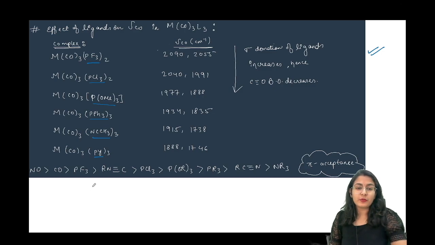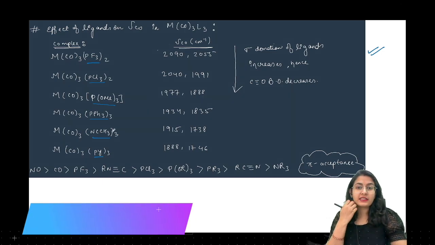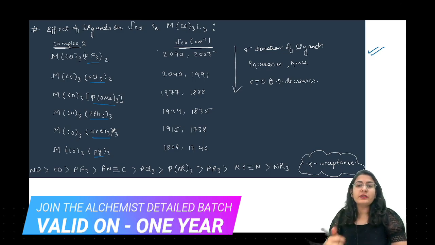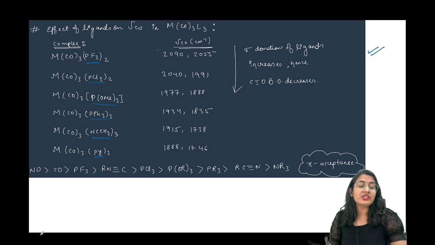You can also take ammonia or NMe3, and so on. These are most commonly asked in the examination. So we are doing a comparison of the facial isomer.